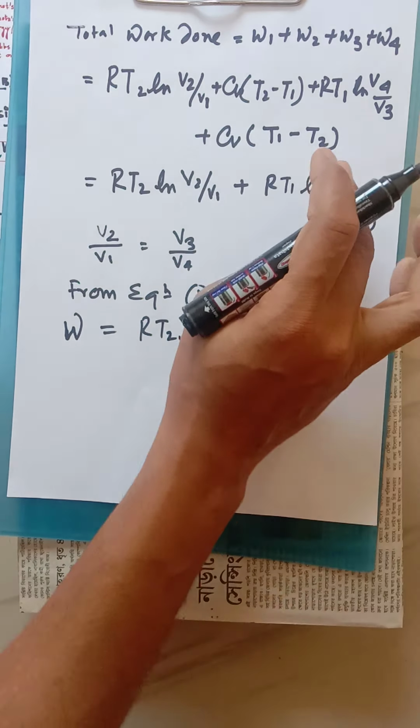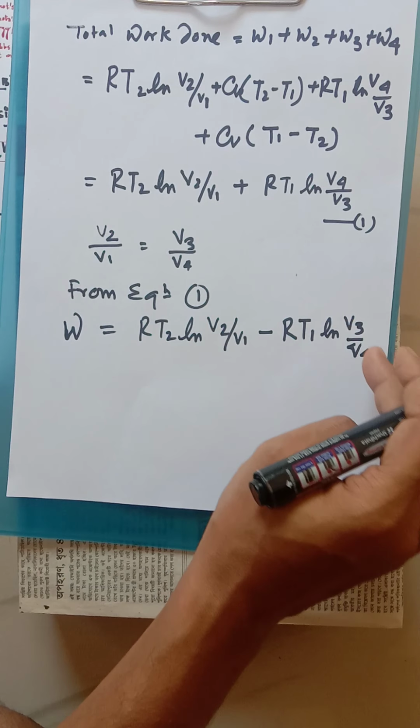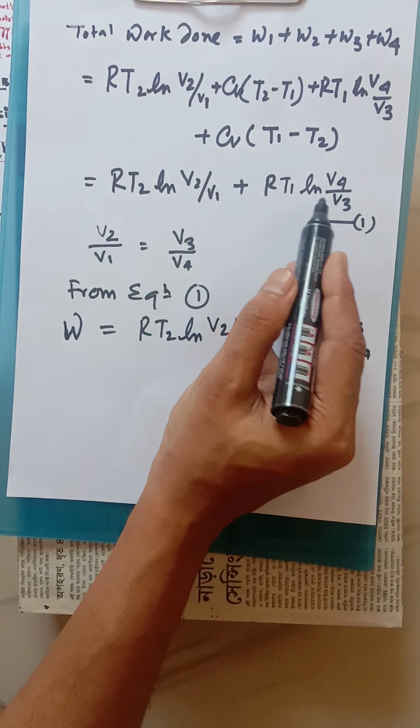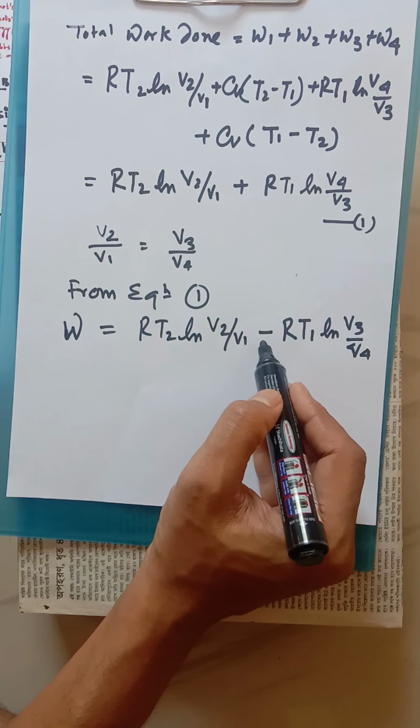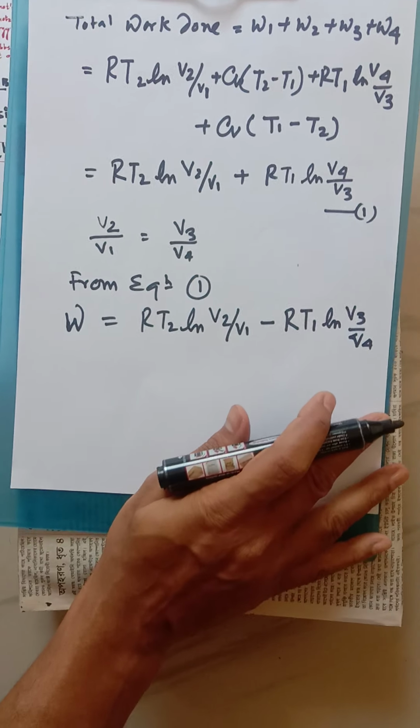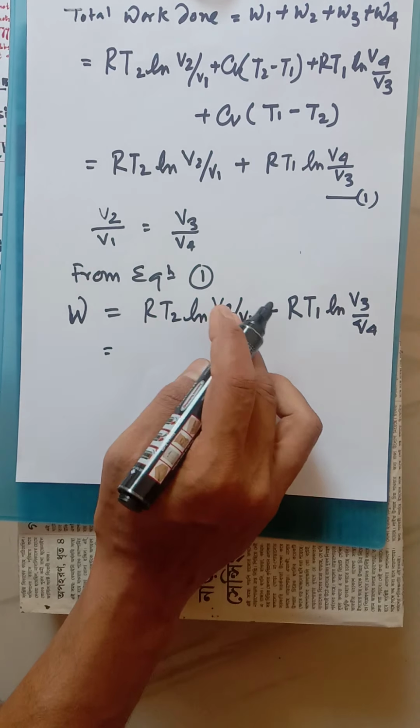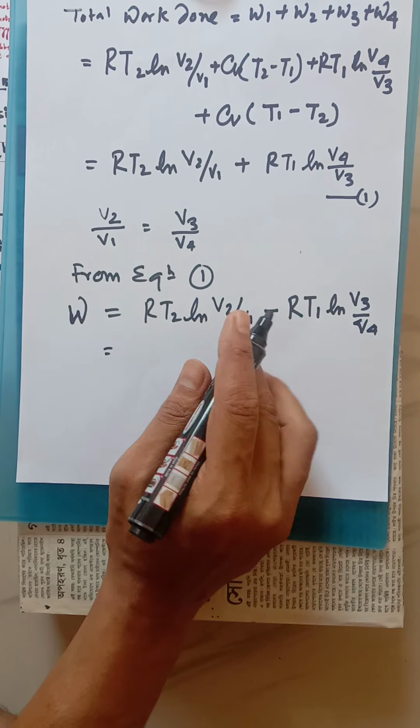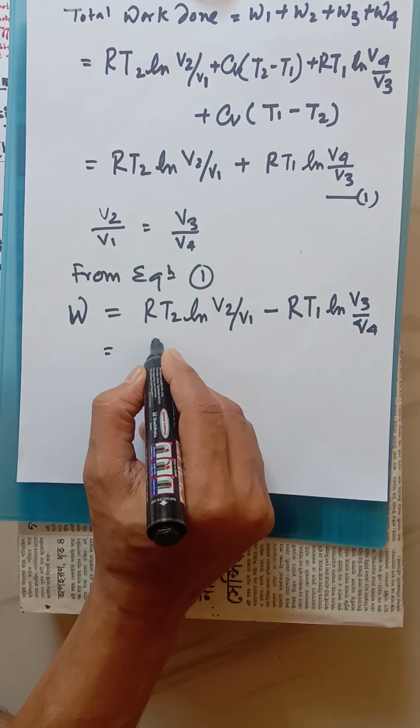Because it was V4 by V3, now it is V3 by V4, so the sign becomes negative. Now these two ln values are identical, so it may be taken as a common factor.